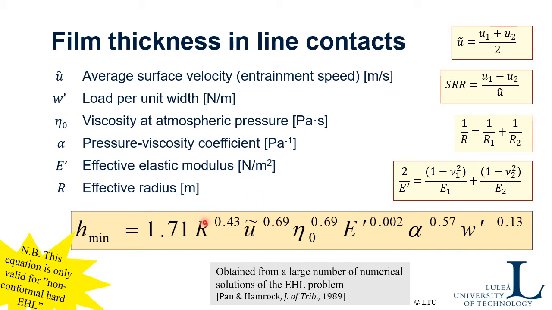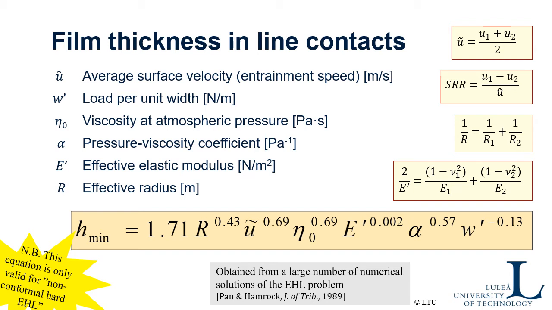So it's the R, for example, which is the effective radius of the two cylinders, computed like that. You have the entrainment speed, which is simply the average speed, U1 plus U2 divided by 2. You have the viscosity, you have the effective Young's modulus, which is a combination of the two surfaces' elastic modulus and Poisson number. You have the alpha, and you have the load per unit length.